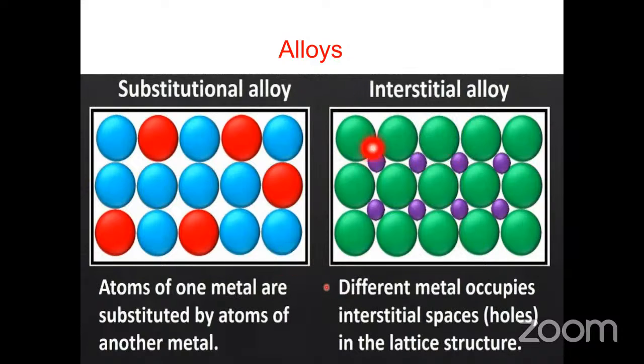Interstitial space is nothing but holes in the lattice structure. The interstitial alloys are formed by different metals occupying interstitial space in lattice structures.